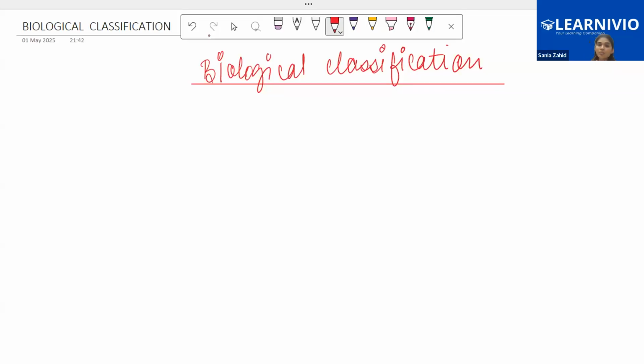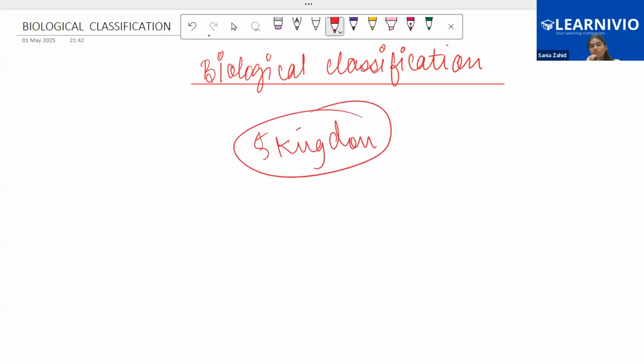And finally, we came to the five kingdom classification, in which we classified all the organisms into five kingdoms: Monera, Protista, Fungi, Animalia, and Plantae. Finally, this is regarded as one of the most important and most useful methods of classification.